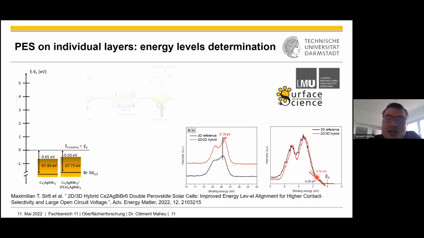And here I measure a valence band edge at 0.5 for the 2D, 3D hybrid, and a bit below for the 3D pristine material. And you can also observe these shifts on the core level, because there is no reason why the distance between this core level and the valence band edge should change. So you have a shift of all your core levels.